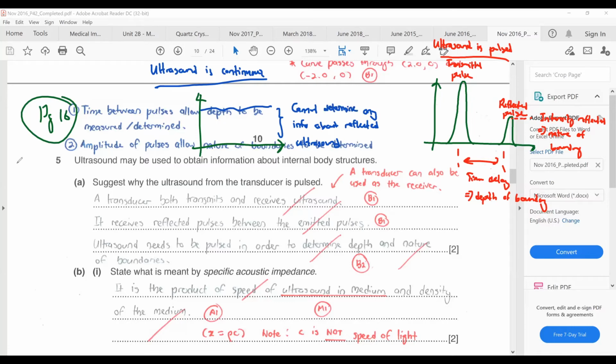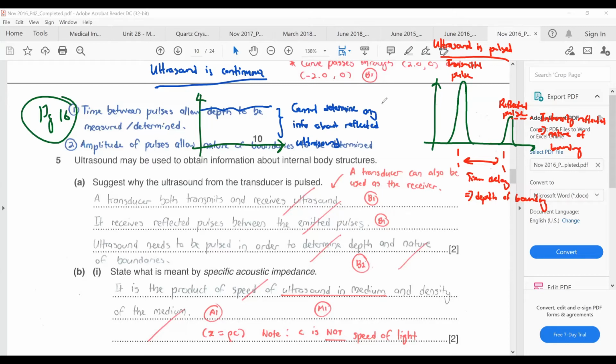Remember, for ultrasound you need the reflected pulse to produce an image of your body structure. You need to know the time delay and the intensity of the reflected pulse.